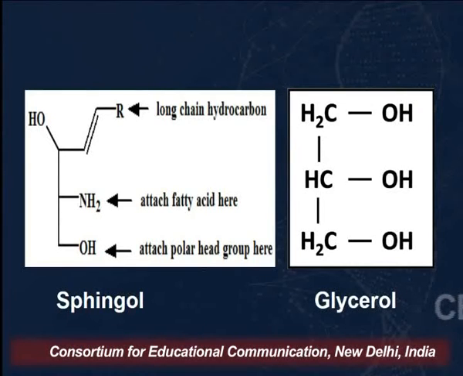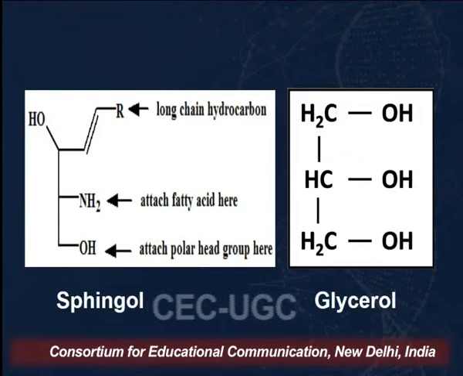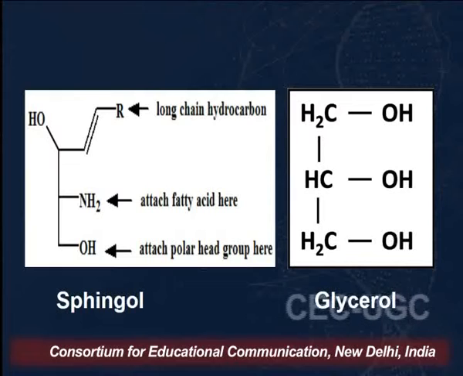Now, glycerol is the backbone of glycerolipids, and we know it is a trihydroxy alcohol, whereas sphingol is an amino alcohol, aminodiol. So the difference lies in the backbone.